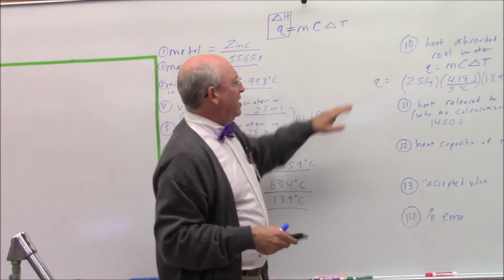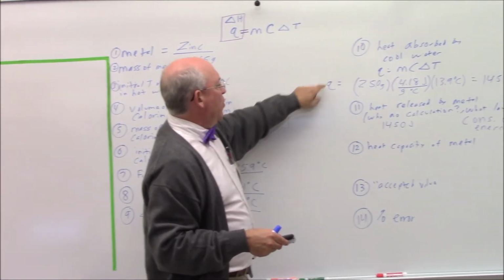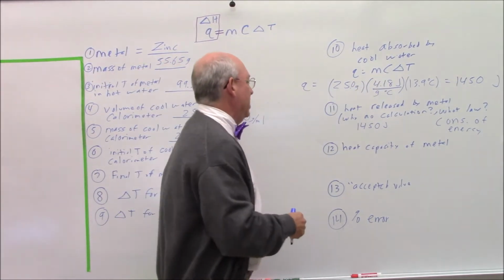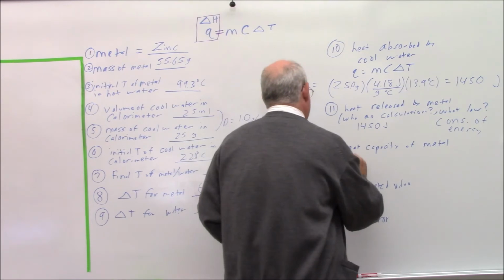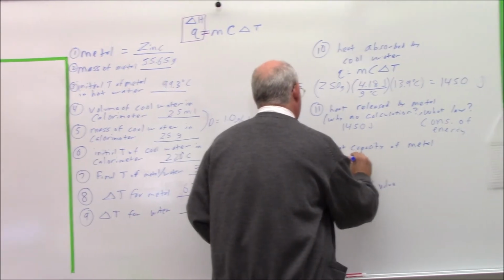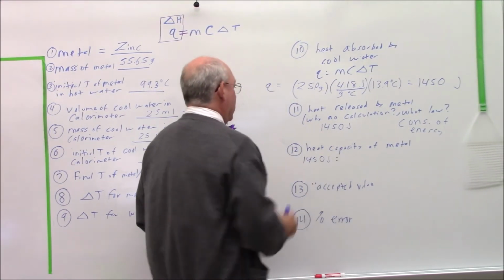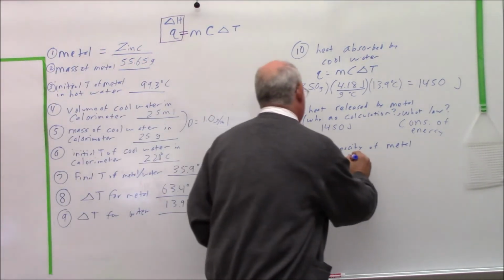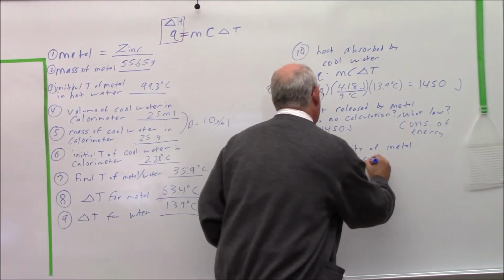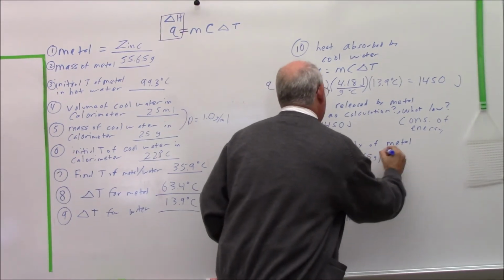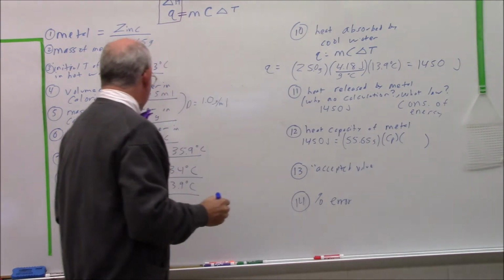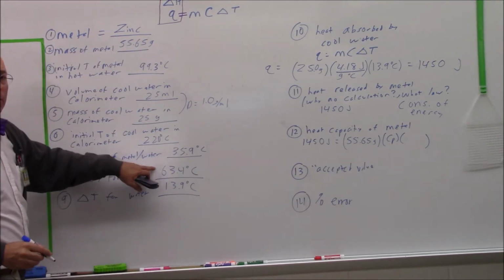Now we're going to take this same equation, only we know the amount of heat, but we don't know the heat capacity. So 1450 joules equals the mass of the metal, 55.65 grams, times the heat capacity of the metal, which we don't know, times the temperature change for the metal, 63.4 degrees.